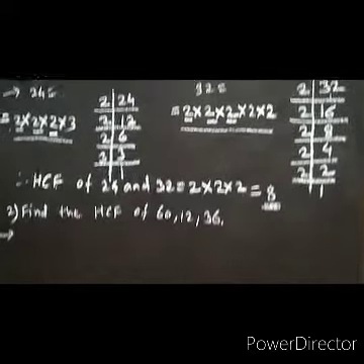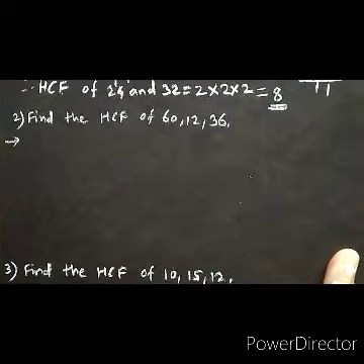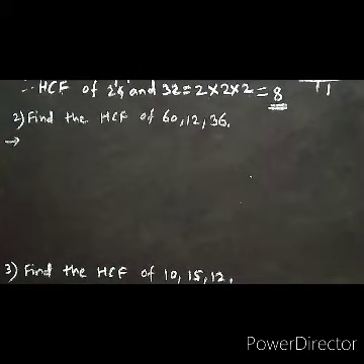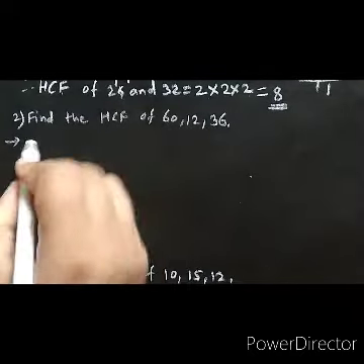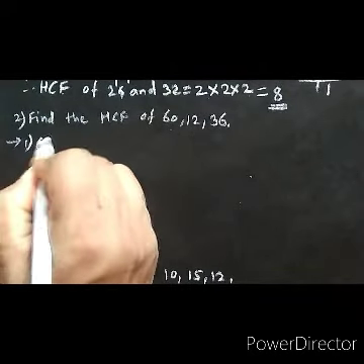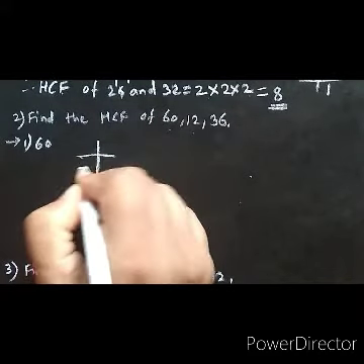Let us see next example. Number 2. Find the HCF of 60, 12 and 36. So here we have to find prime factors of these three numbers 60, 12 and 36. So number 1, 60. Use the factorization method.